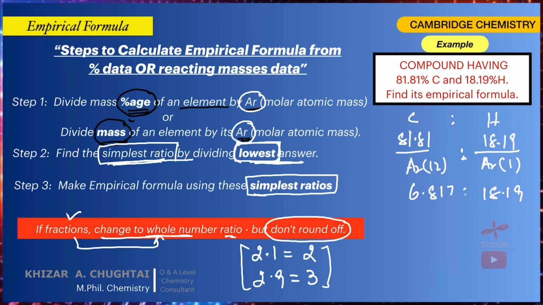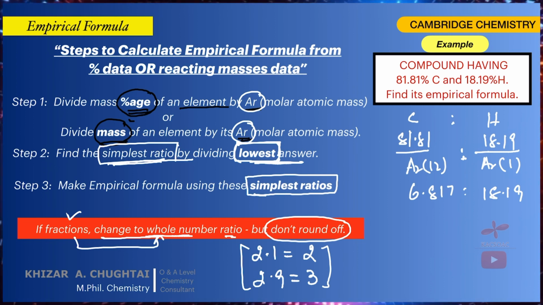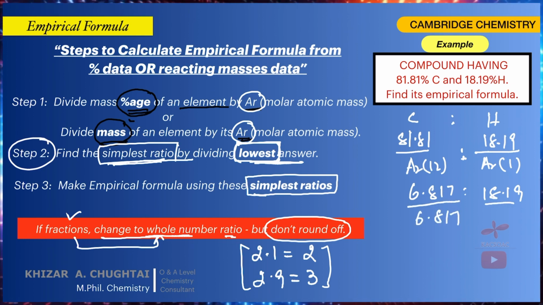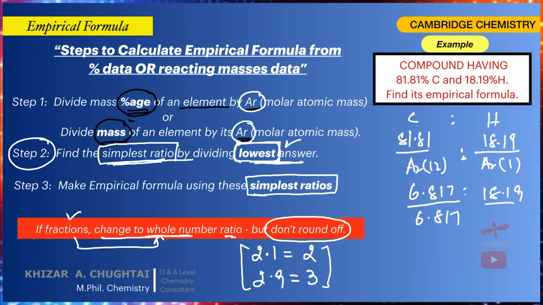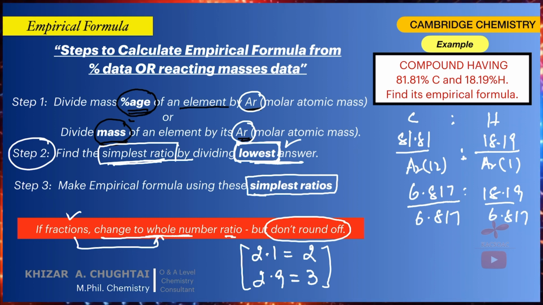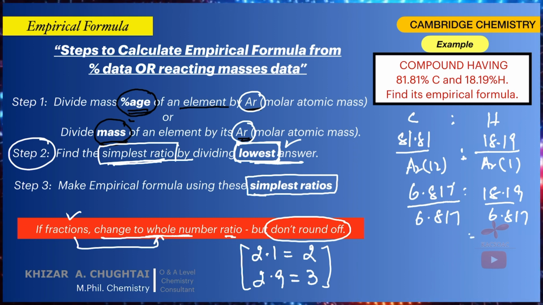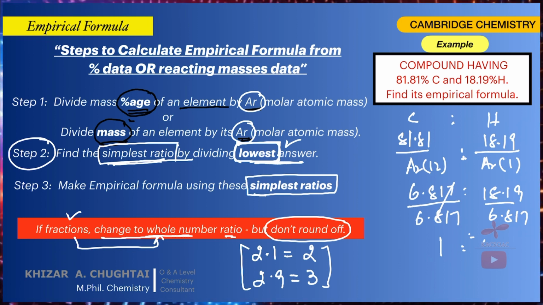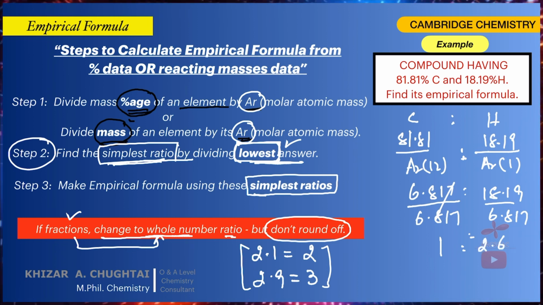Now the next step, step 2, is to divide both sides by 6.817 because it is the smallest answer. So this side will be equal to 1. And what is the answer on the other side? 2.6.